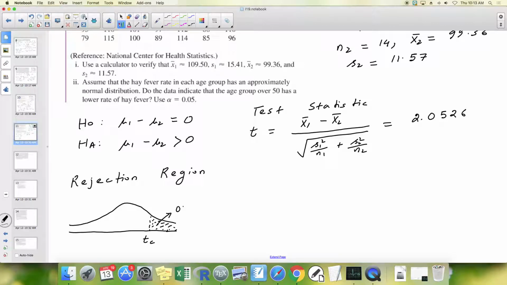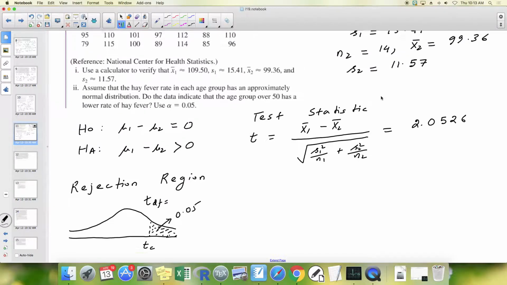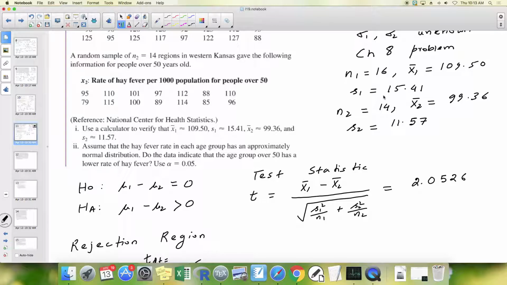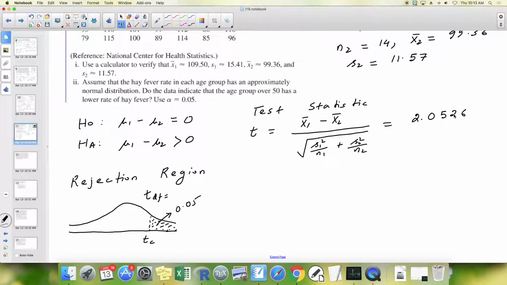The tail is 0.05 fat. And what's the degrees of freedom? It's minimum of n1 minus 1 and n2 minus 1. So it's minimum of 16 minus 1, that's 15, and 14 minus 1, that's 13. So minimum is 13.